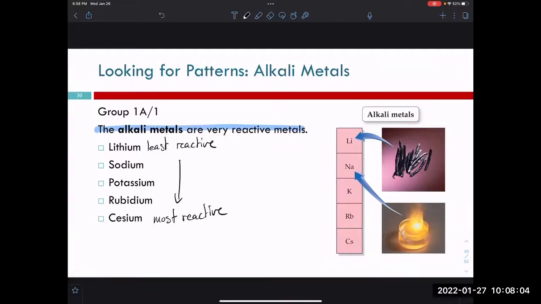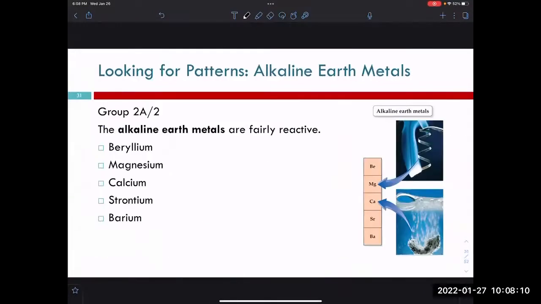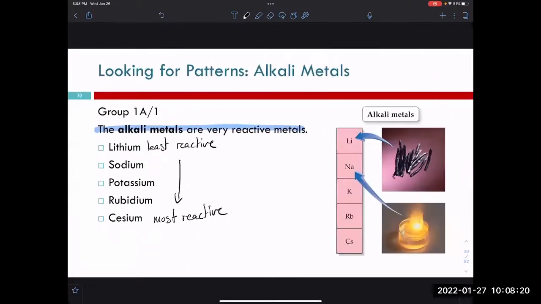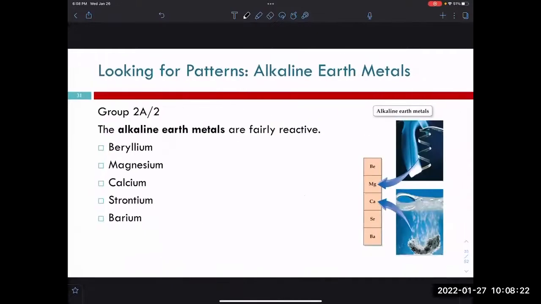The alkaline earth metals are fairly reactive, but less so than the alkali metals. There we have beryllium, magnesium, calcium, strontium, barium. They're just fairly reactive.